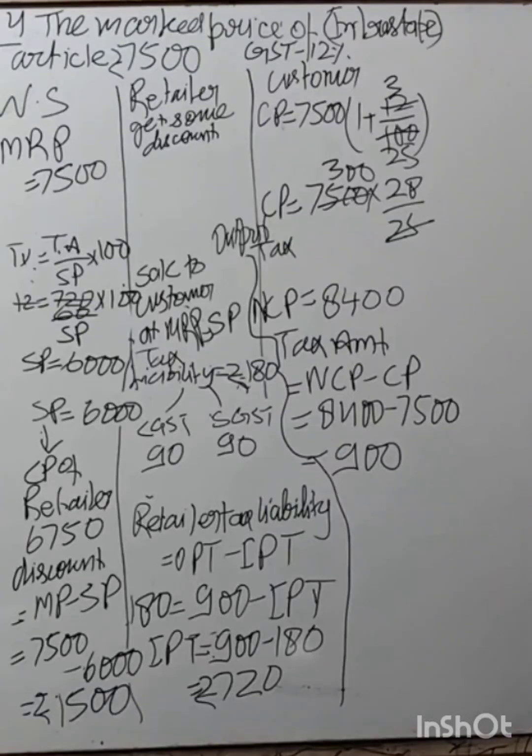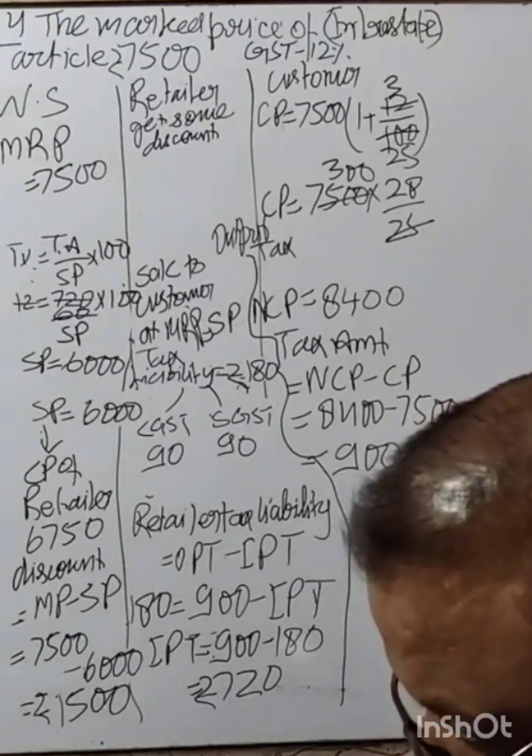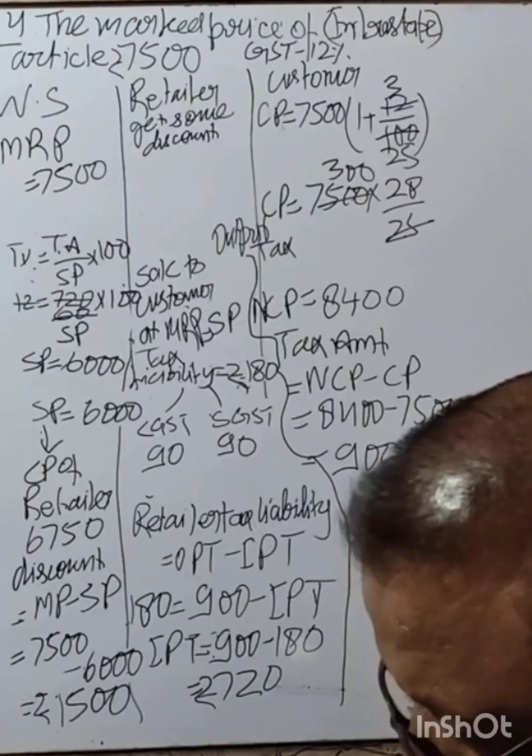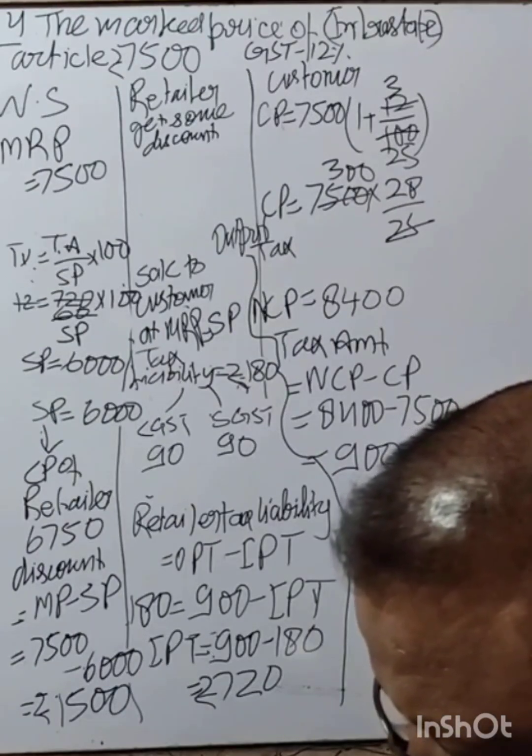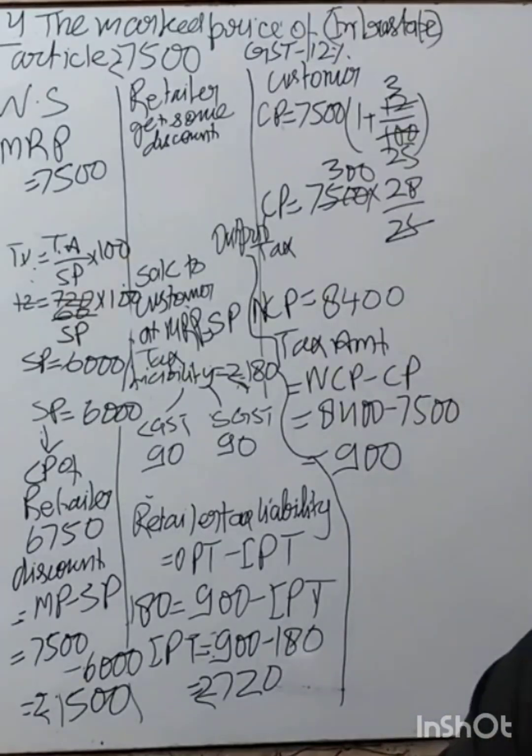Then what is next? The price inclusive of tax under GST of the article that the shopkeeper paid to the wholesaler.